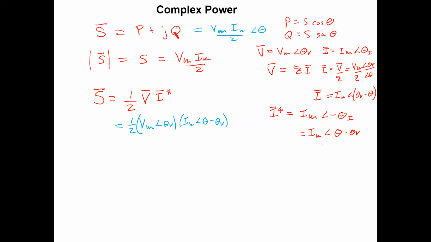It turns out if we take the complex conjugate, we get this convenient thing where we're multiplying two numbers in polar form. The magnitudes multiply, but the angles add up, right? So you have to add theta V plus theta minus theta V. And this is going to turn out to be 1/2 Vm Im angle of theta V plus theta minus theta V, right?